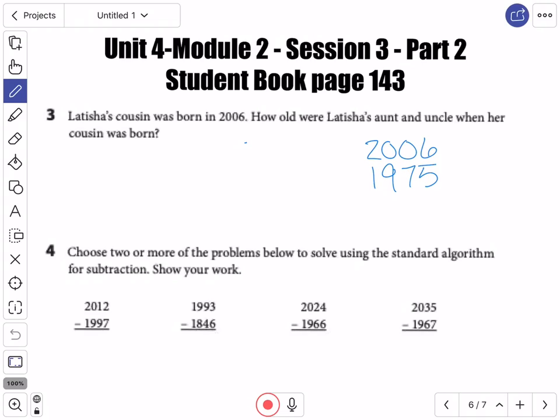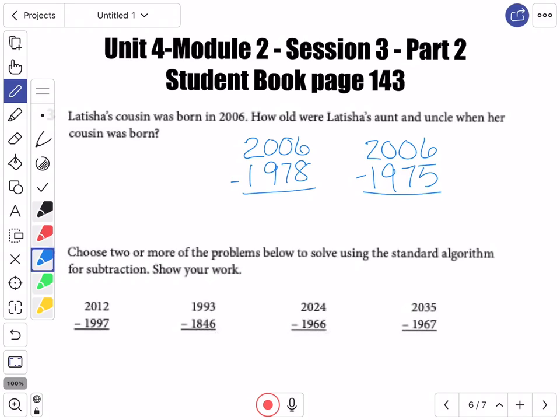And we also know that Letitia's aunt was born in 1978 from the previous problem. So 2006 minus 1978. All right. So now I've got 2 problems to solve here. I'm just going to go ahead and change my color.